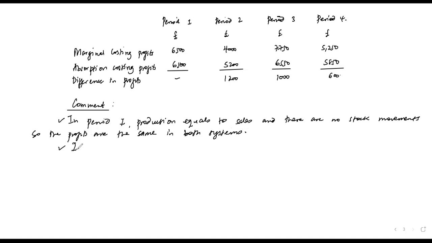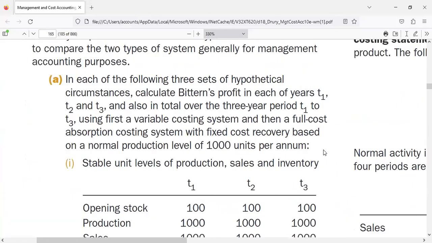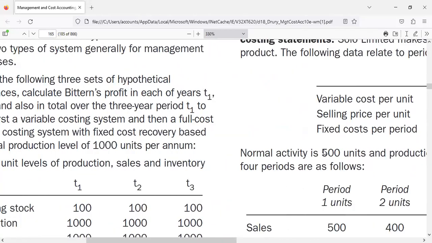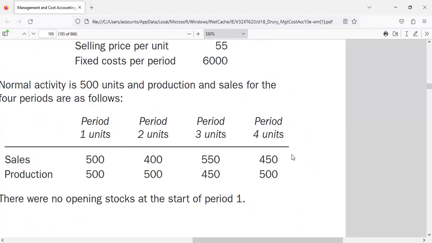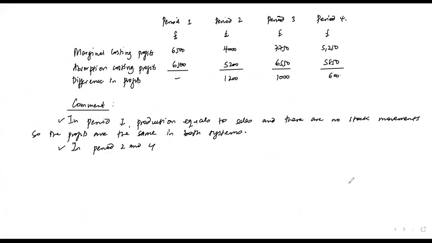In period 2 and 4, why 4? In period 2 and 4, you will see that production exceeds sales. Here we are producing 500, we sell 400. 500, we sell 450. Now, whenever production exceeds sales, absorption costing reports a higher profit figure.